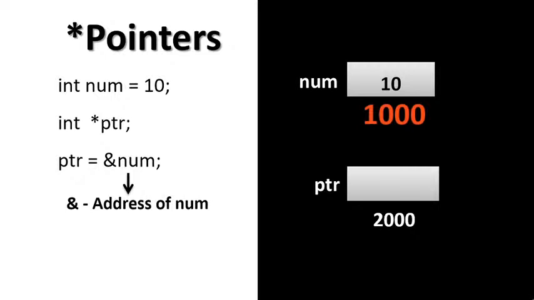So what basically happens is, the address of num, wherever that variable num is stored, that particular address will be stored in ptr. So in ptr, the address of the num variable will be stored.